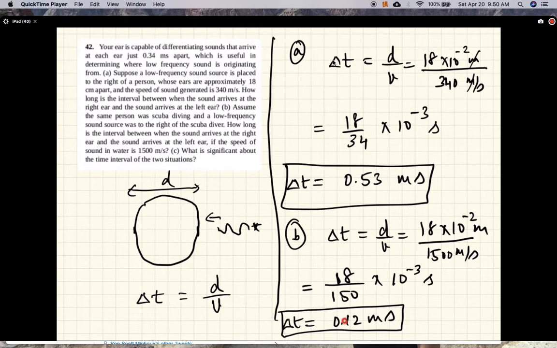So this is the same as if the sound were coming from here, there, or anywhere. So you lose the directional localization capacity underwater. Okay, so that's part C. But anyway, so we'll end here.